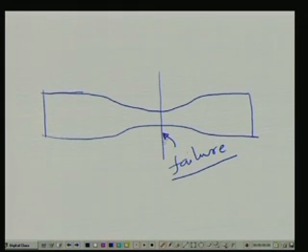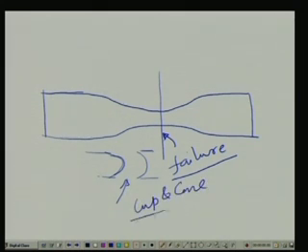This is a line where the failure takes place. Although I have drawn a straight line to show the failure, it is not exactly a straight line. It forms what is conventionally called a cup and cone failure, which takes place in this particular case.